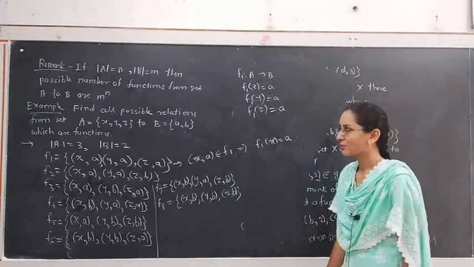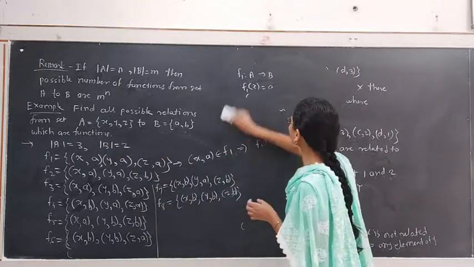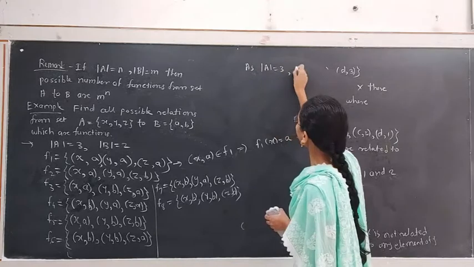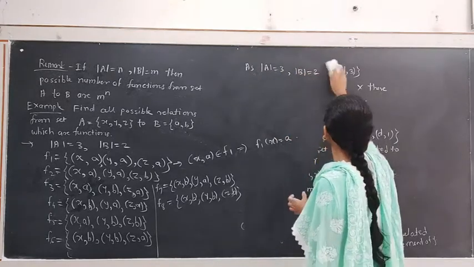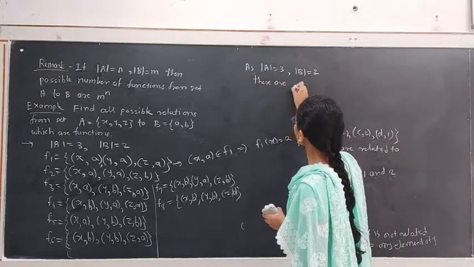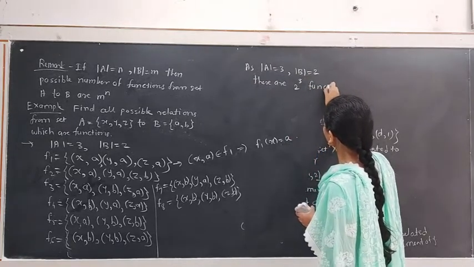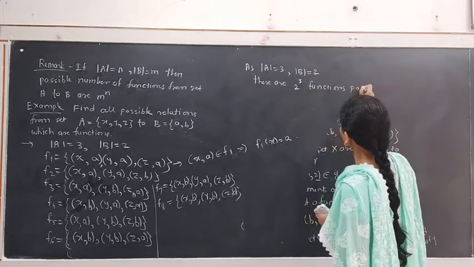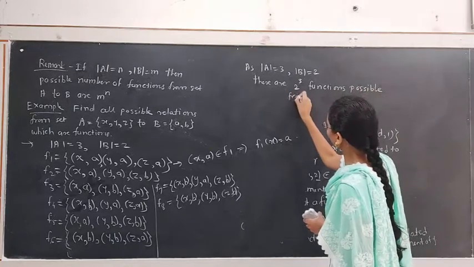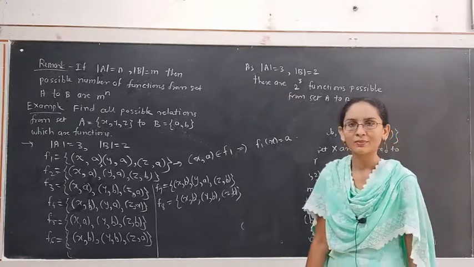There are a total of 8 functions because the cardinality of A is equal to 3 and the cardinality of B is equal to 2, so there are 2 raised to 3 possible functions from set A to set B. Thank you.